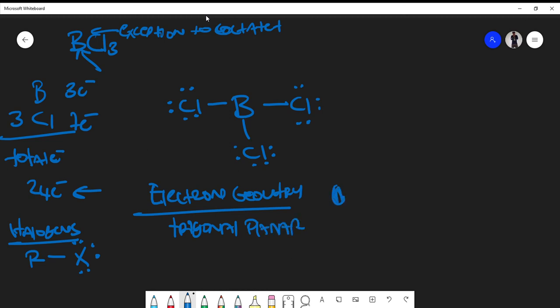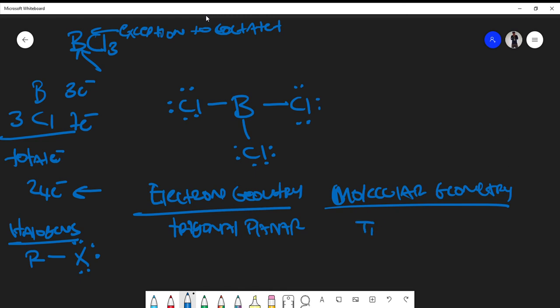So what would be the molecular geometry now? Well, remember the theme is present here, right? If there are no lone pairs around the central atom, in most cases the electron geometry and the molecular geometry you would expect to be the same.